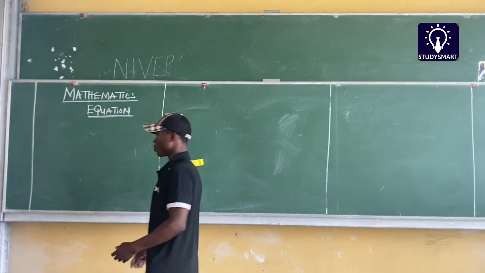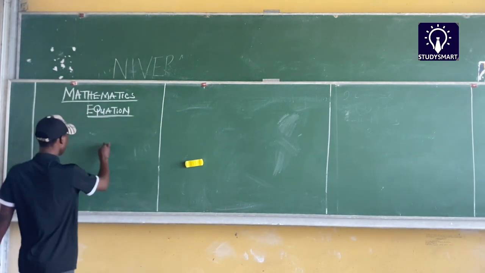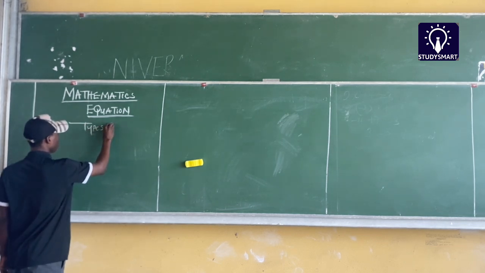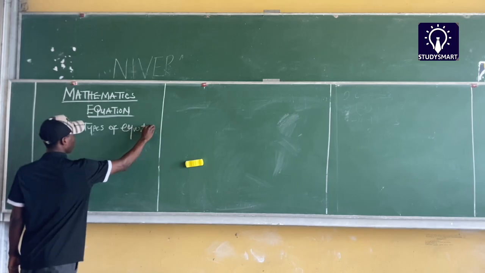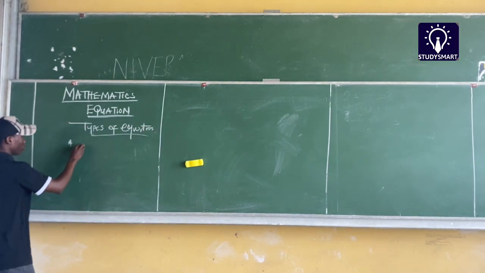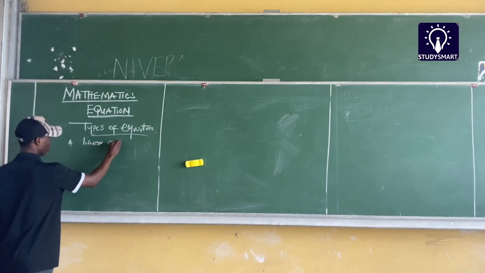All right, so under equation, we have various types of equation. I can just come here and write types of equation. Number one, the linear equation.